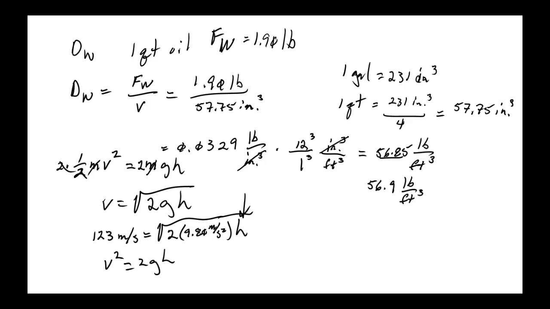Okay, 123 squared, then we divide by 2. Then divide again by 9.80. And that gives you your h. Pretty far up there.